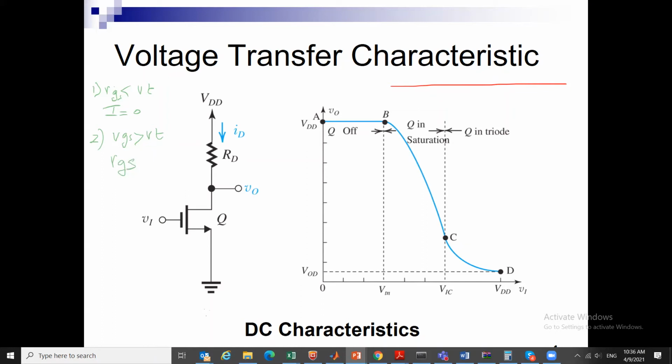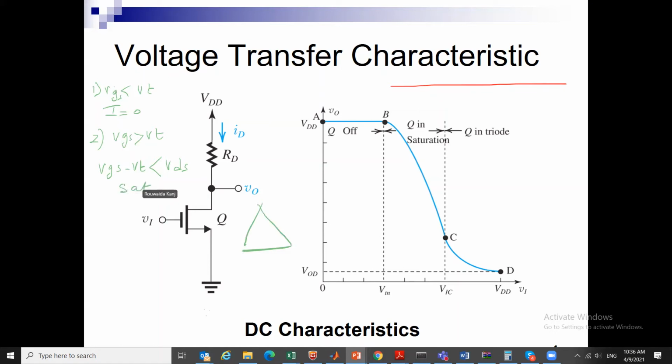Let us compare VOV, pardon me. I have the quantity VGS minus VT, which we call VOV. If VOV is small and VDS is large, then I am in the saturation region.